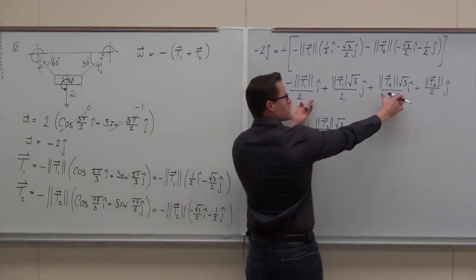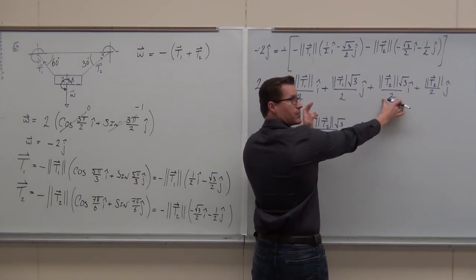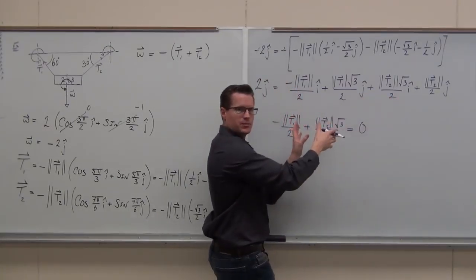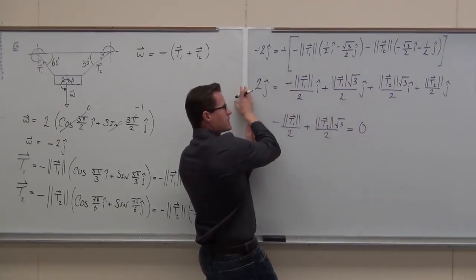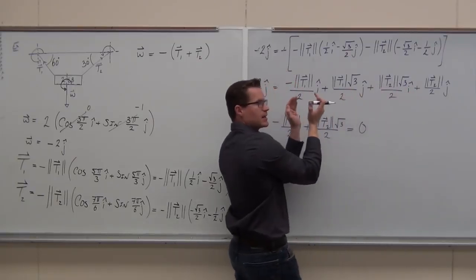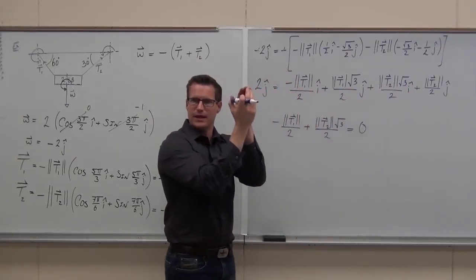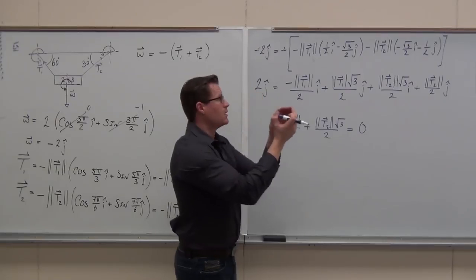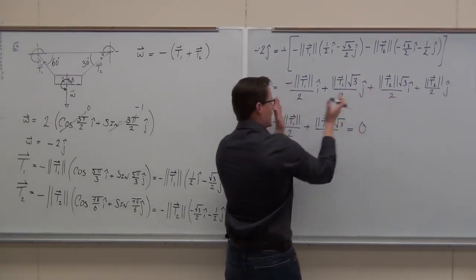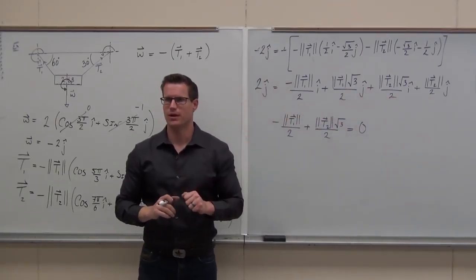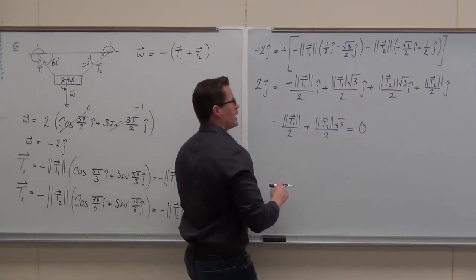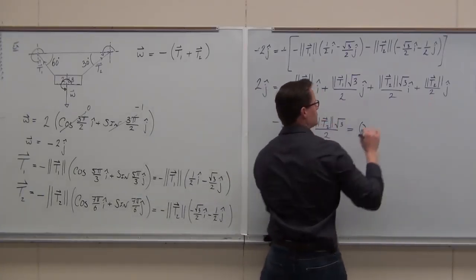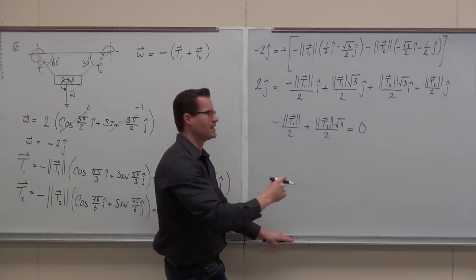So when I add these up together, this number, I know there's no i's over here, but look at why there's no i's. There's 0 i's over here. When I add these i's, I need to get a scalar, that number, that scalar of 0. These two things have to add to 0. And now if you're okay with that one. Okay. How much do these two things have to add to? 2. You got it.